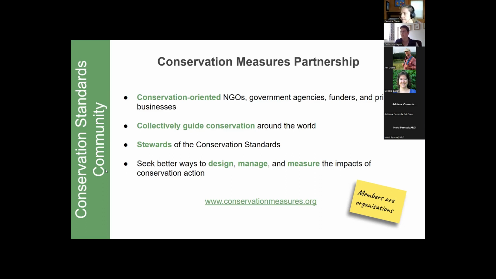So the key thing here is that CMP's members are organizations and they act as the stewards of the conservation standards, and we're regularly having members meetings, retreats, working groups, and initiatives to drive this work forward.